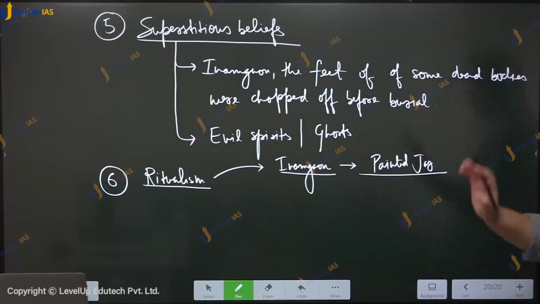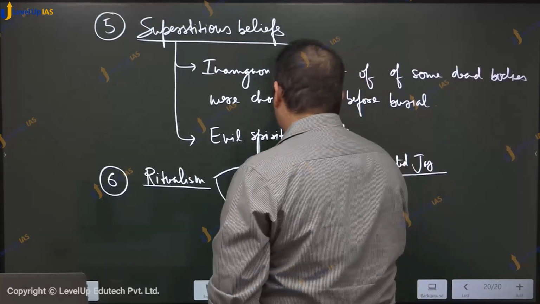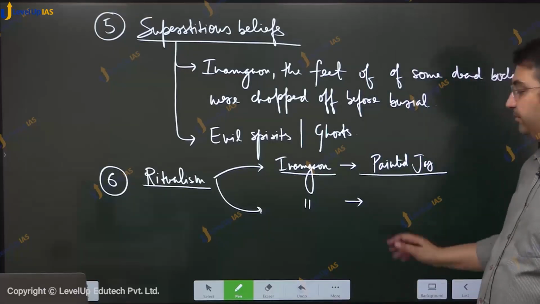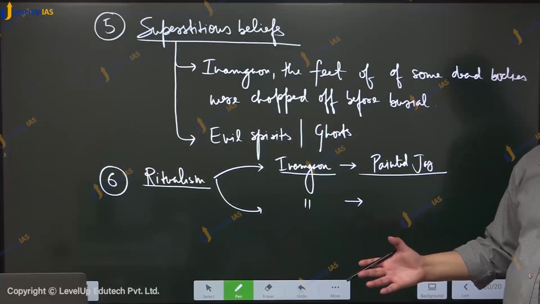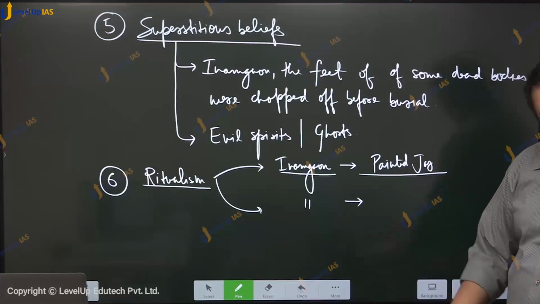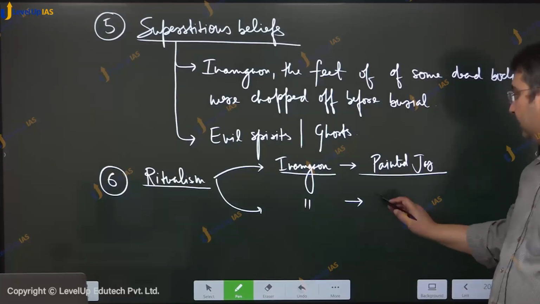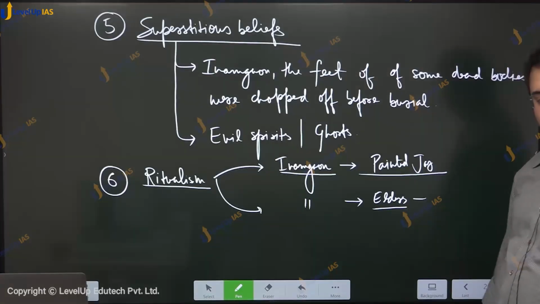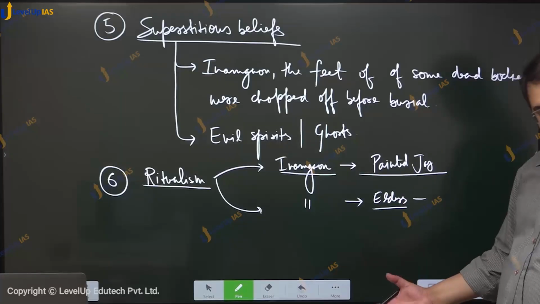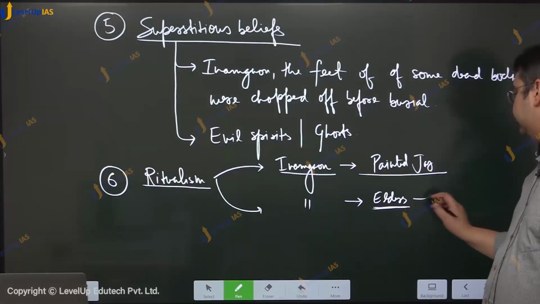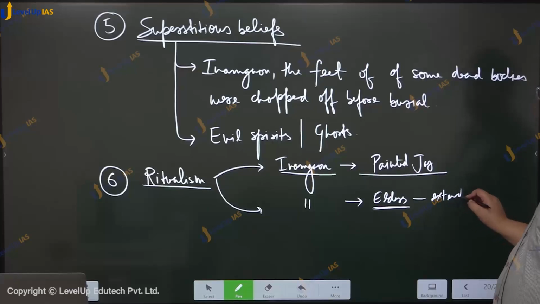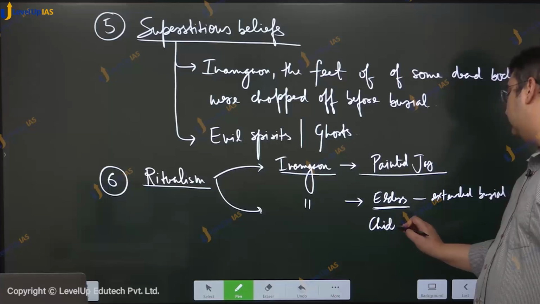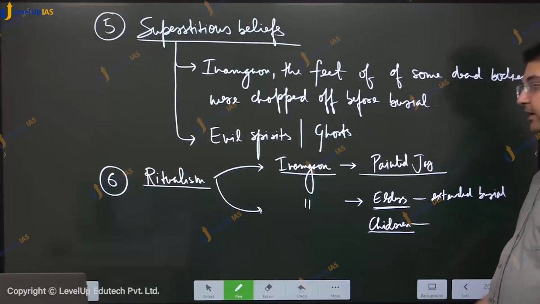Okay? So one is this, and secondly, once again from Inamgaon only, we have found evidence that people belonging to the same family, who must be following the same religion, are buried in different manners. Isn't it? Elders, how are they buried? Directly in an extended burial. Whereas children are given a pit burial.